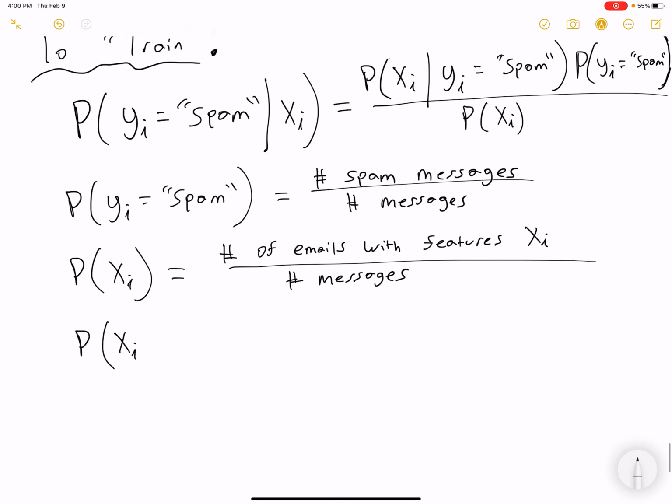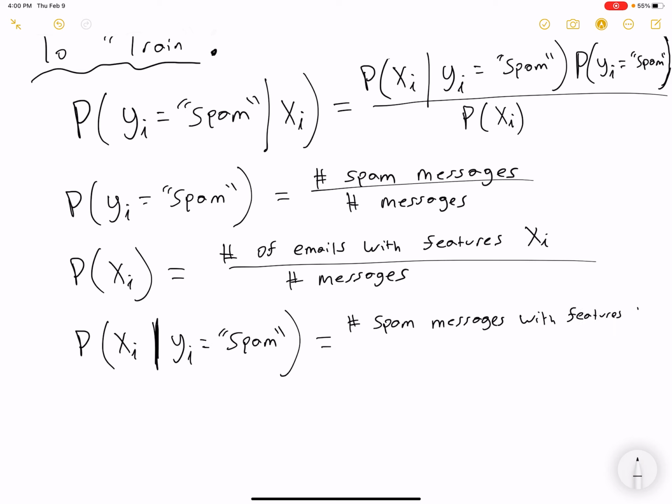The probability of the data point values given that the label is equal to spam is equal to the number of spam messages with features xi divided by the number of spam messages.